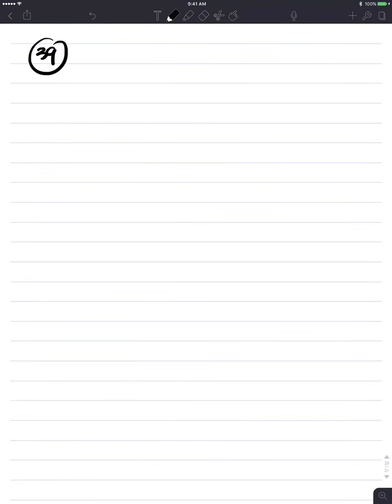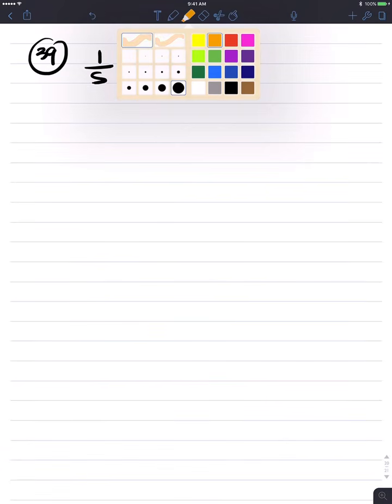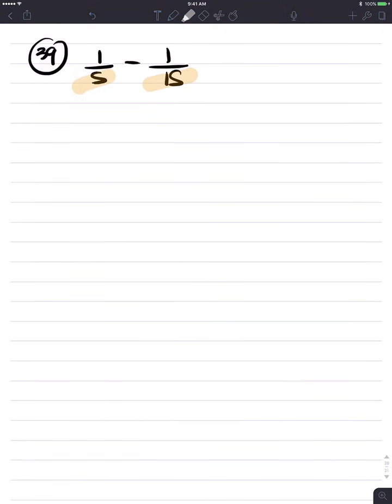39. 1/5 minus 1 over 15. Notice these are unlike fractions. We have to do our setup.